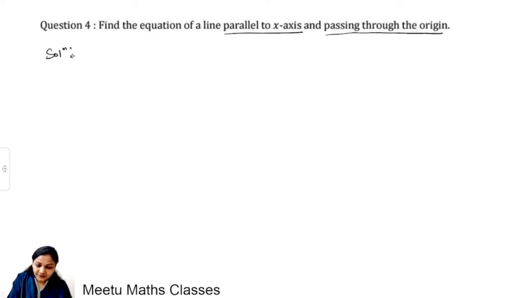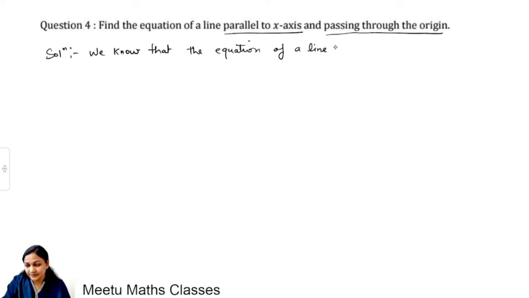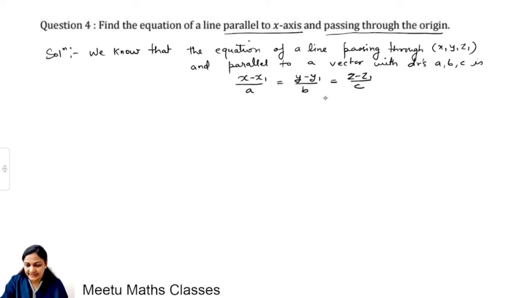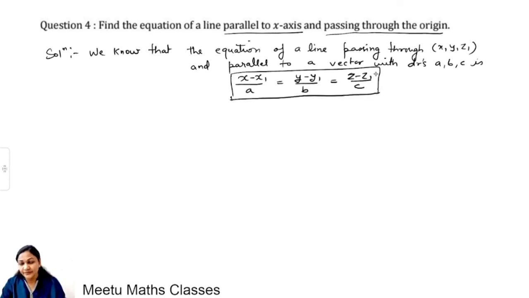Now for this we know that the equation of a line passing through x1, y1, z1 and parallel to a vector with direction ratios a, b, c is x minus x1 upon a is equal to y minus y1 upon b is equal to z minus z1 upon c. So this is the equation of a line passing through x1, y1, z1 and parallel to a line or a vector with direction ratios a, b, c.